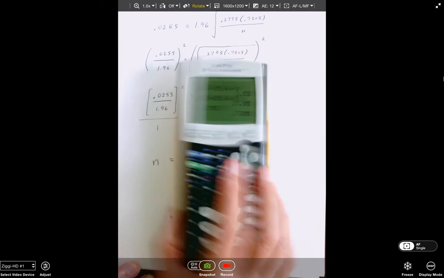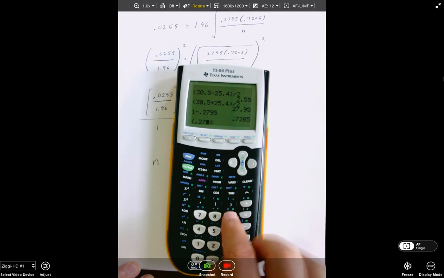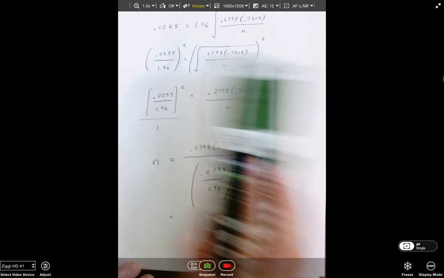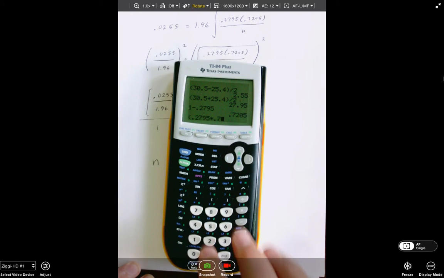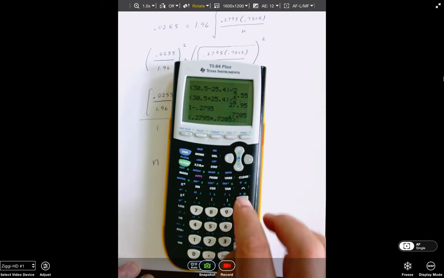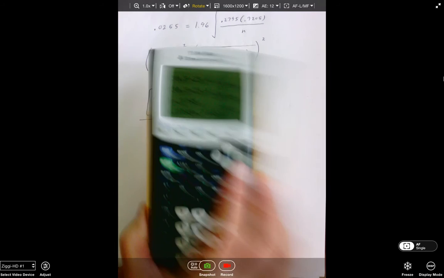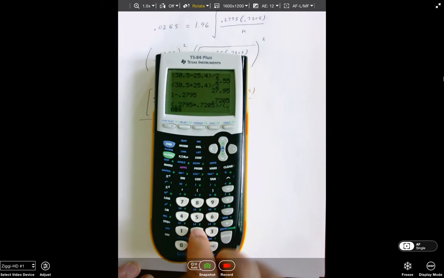So in the numerator, I need 0.2795 times 0.7205 divided by, I want to put this in parentheses because I have to square it all, 0.0255 divided by 1.96.